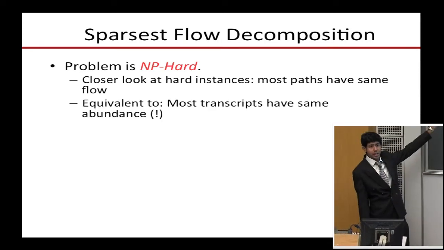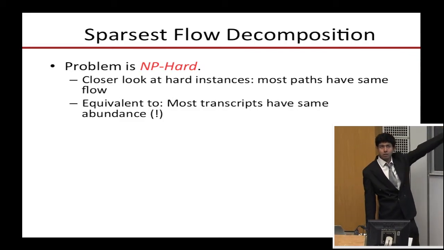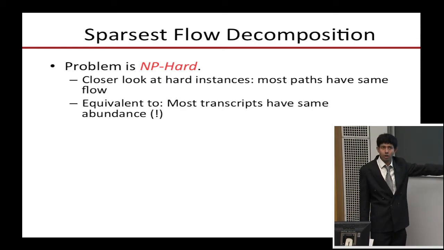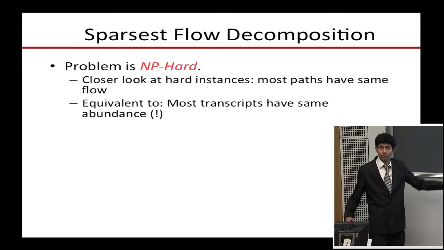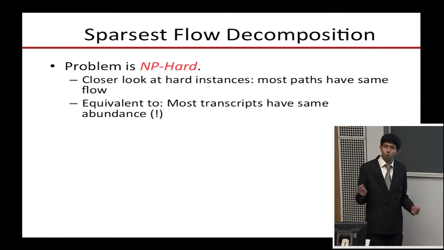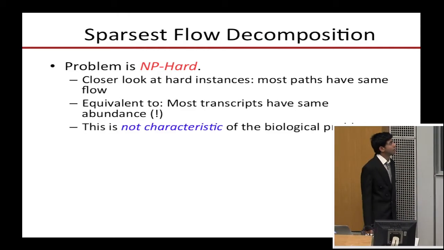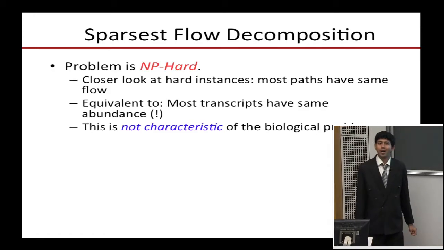This is equivalent to saying that in our case, most transcripts have the same expression level, which is totally not true. Different transcripts have different expression levels. In fact, two different transcripts will have almost surely a different expression level. This is not characteristic of the biological problem.